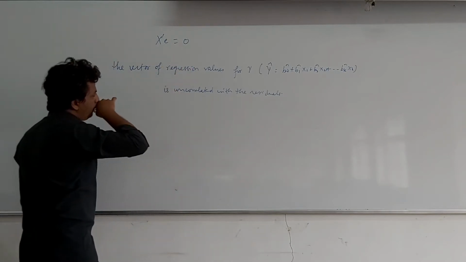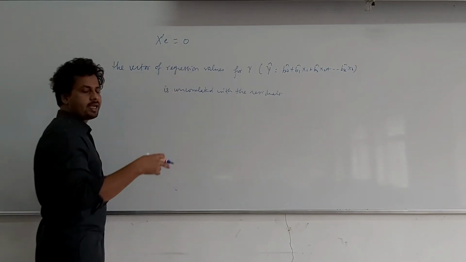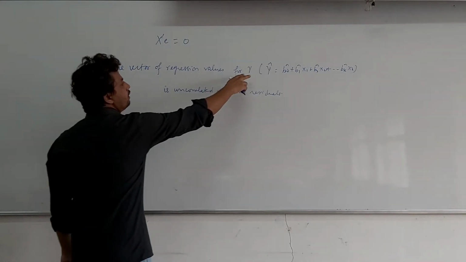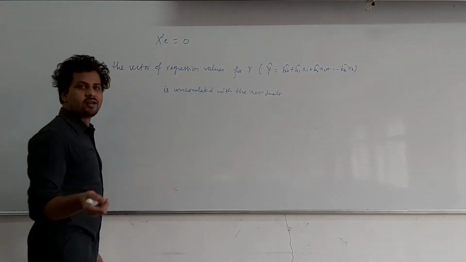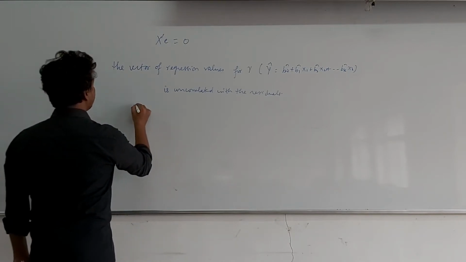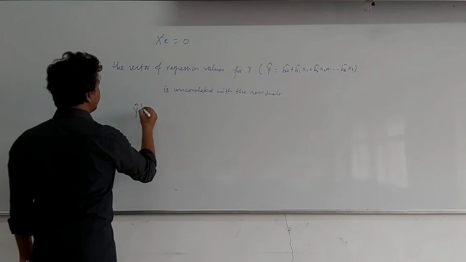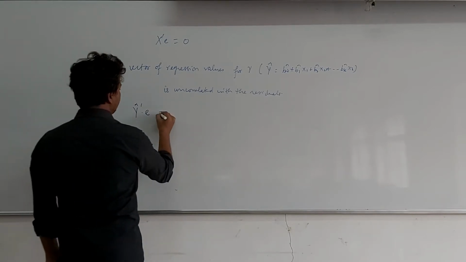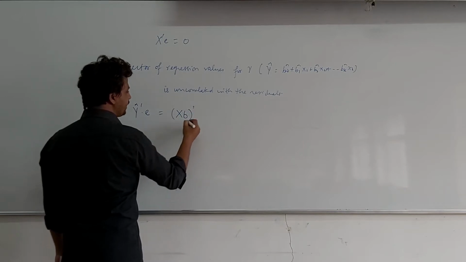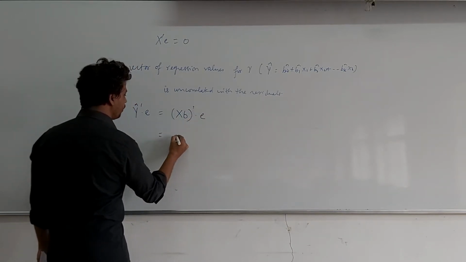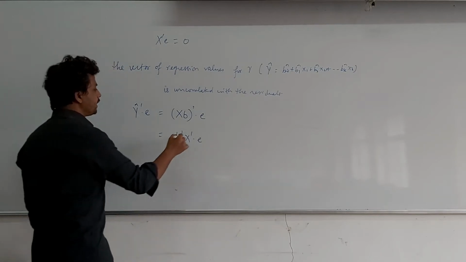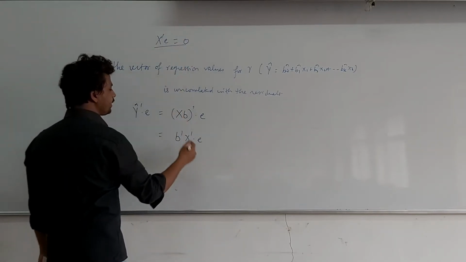Uncorrelated means if I can show that the correlation or covariance between Y hat and E is zero, that will prove this. So let me write Y hat transpose E. Y hat is XB, so (XB) transpose times E will be equal to B transpose X transpose times E. And we have just derived that X transpose E is equal to 0.